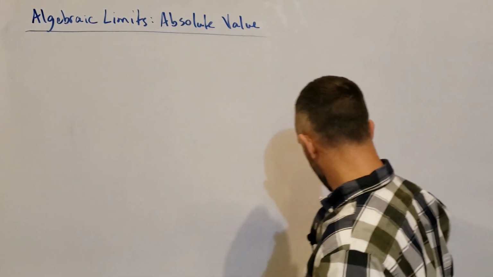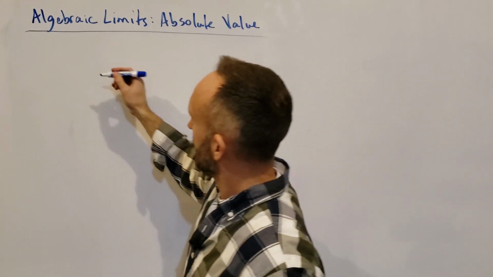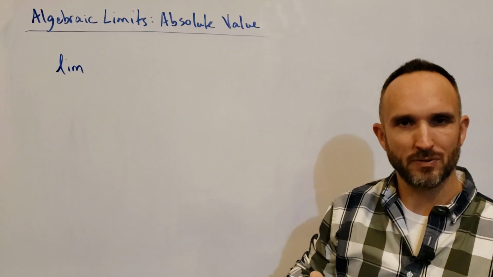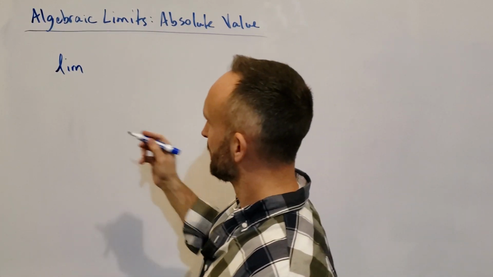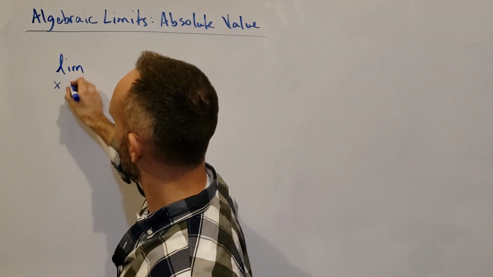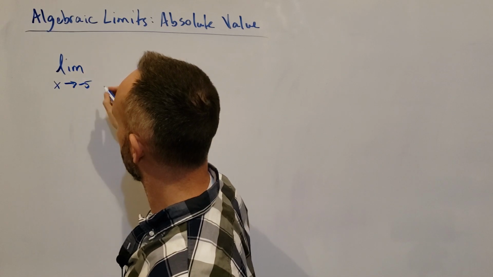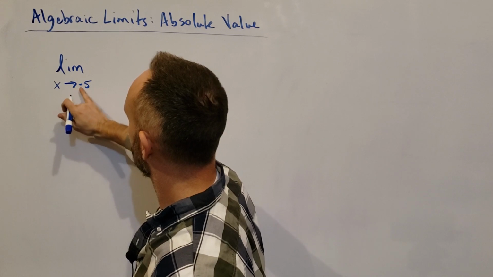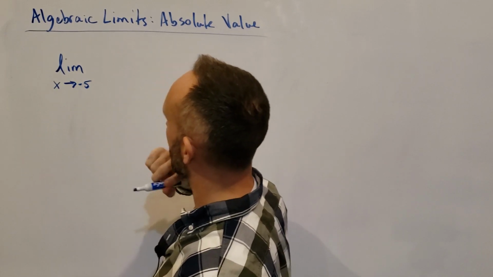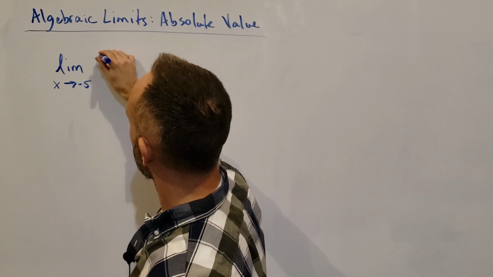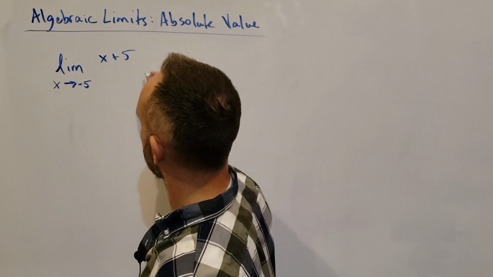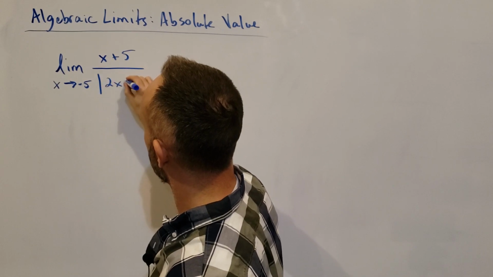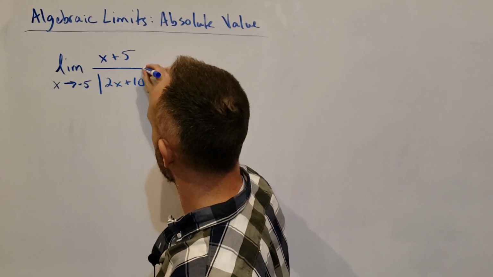All right, so now let's consider a limit. Let's look at the limit. We'll do a slightly different absolute value so you can see it in another scenario as well. Let's look at the limit as x approaches negative 5 of the fraction, how about x plus 5 over the absolute value of 2x plus 10, okay?